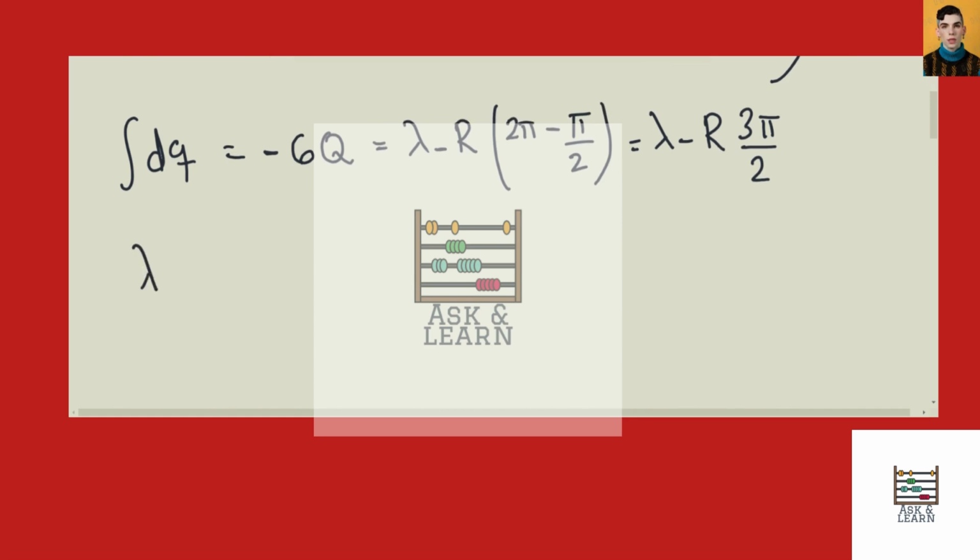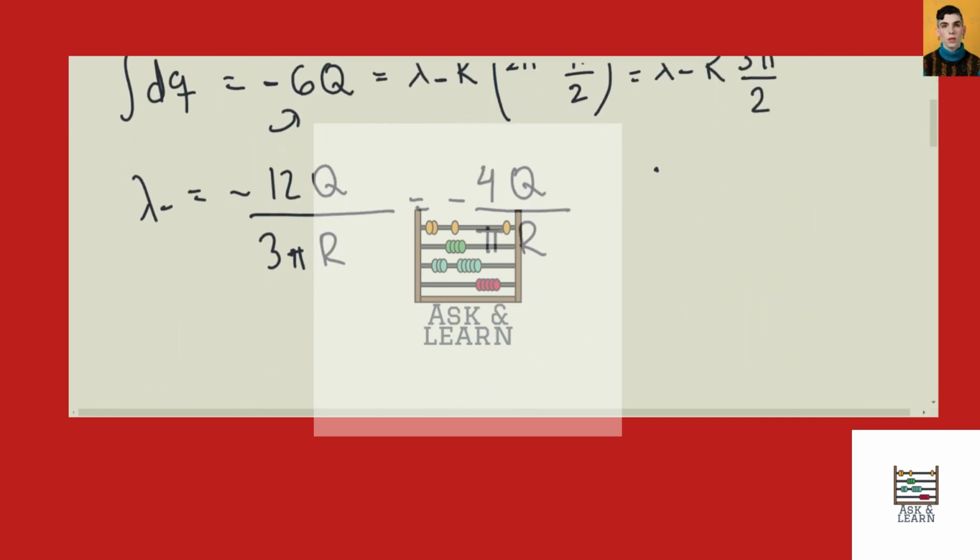Solving also for the linear density, we have minus 12Q over 3 pi R, which we can simplify further as minus 4Q over pi R. So this is for the negative segment.